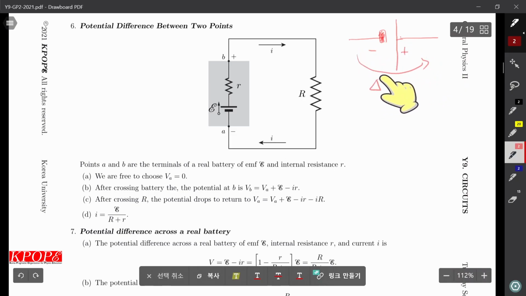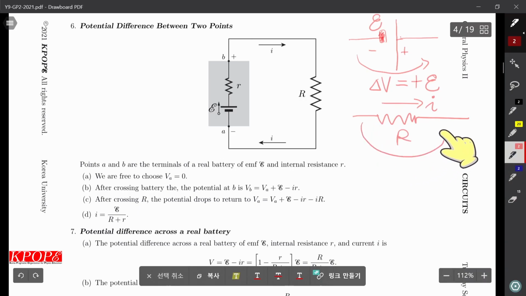Here, delta V equals plus E. We write E. Right? From the negative terminal to the positive terminal, the potential difference is plus E. If it is a resistor R and current I is flowing, then the potential difference delta V equals I R, but we have to put a negative sign on it.